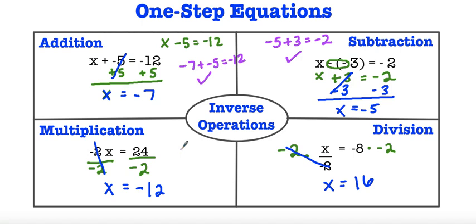Here I have negative 2 times x is equal to 24. Negative 2 times negative 12 is equal to 24, so that's also true. And here I have x divided by negative 2 is equal to negative 8. 16 divided by negative 2 is equal to negative 8, so this is also true.